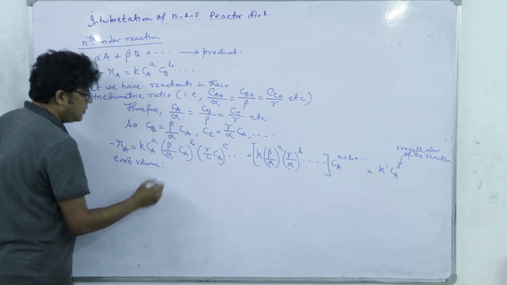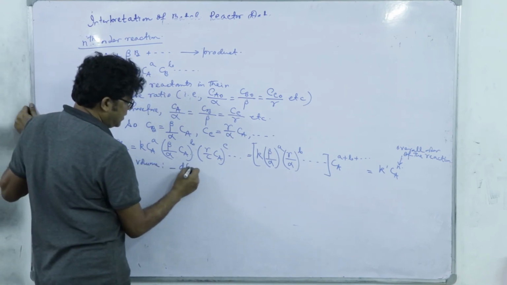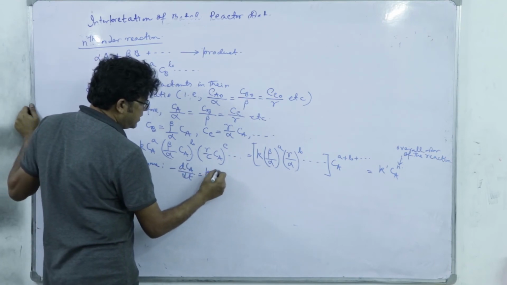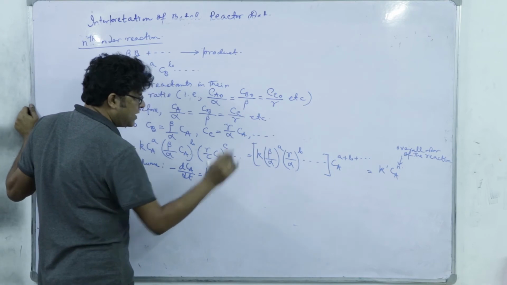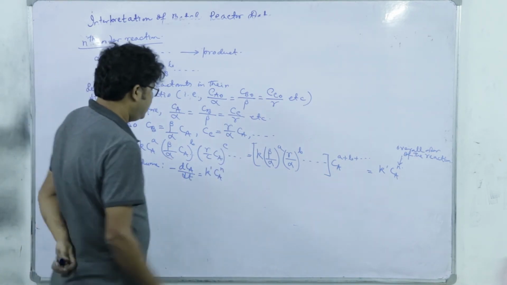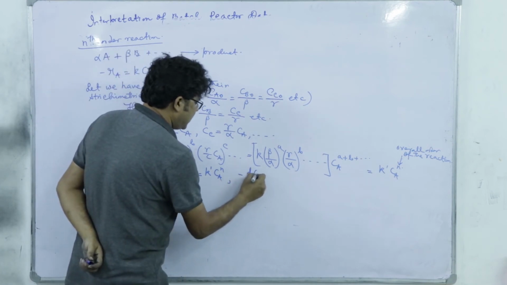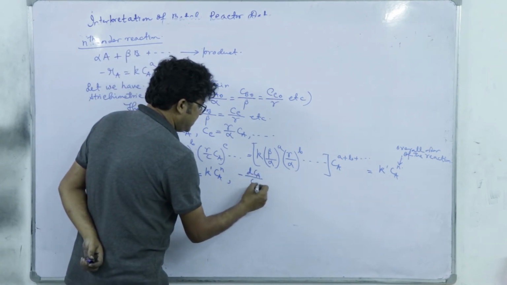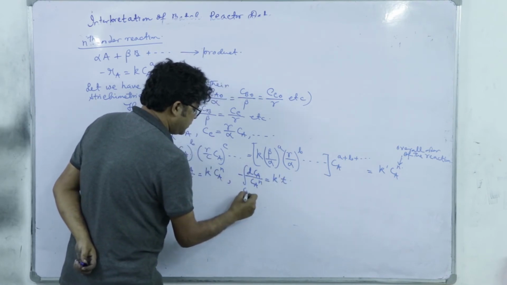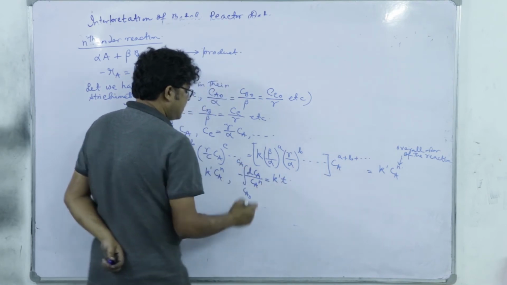Now, for this nth order reaction at constant volume, if we integrate, then minus dCa/dt is k prime Ca to the power n. So, minus dCa divided by Ca to the power n is equal to k prime dt, and here it is to be integrated from Ca naught to Ca.